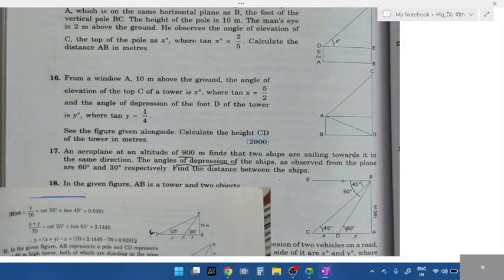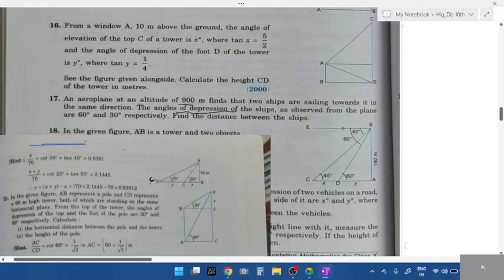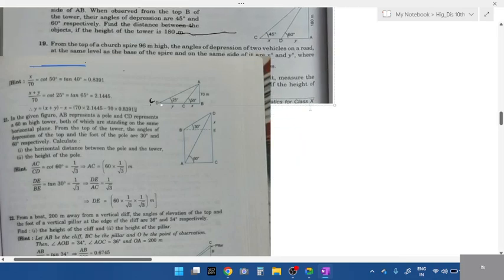Apart from 30, 60, 45, if other values are given, I have taught you how to use the trigonometry tables. Done? All of you have copied. Shall we solve this question? 17th one.